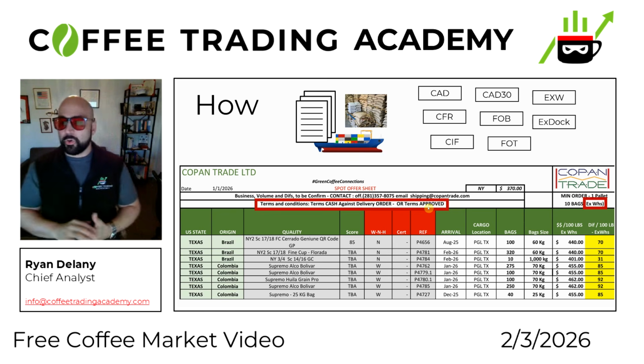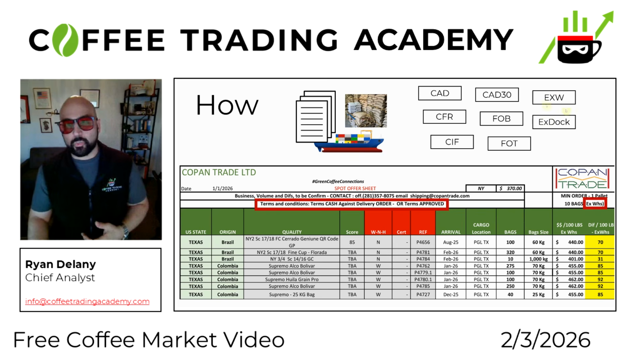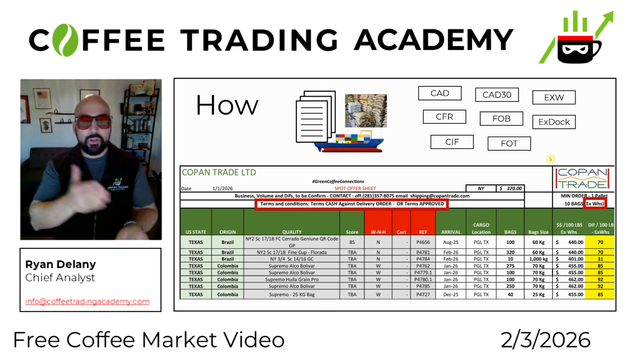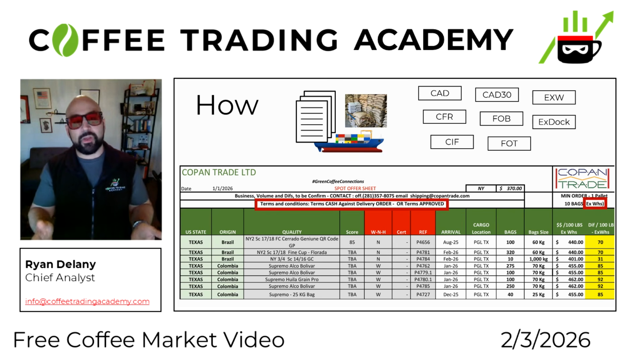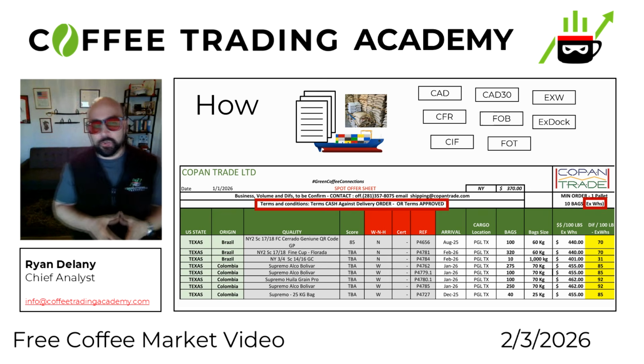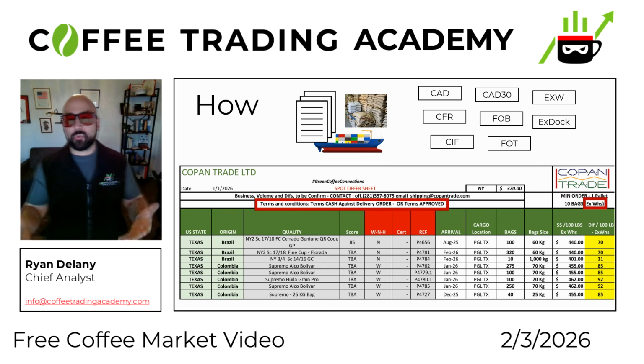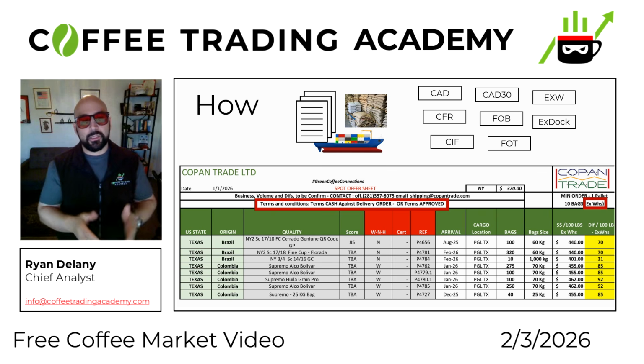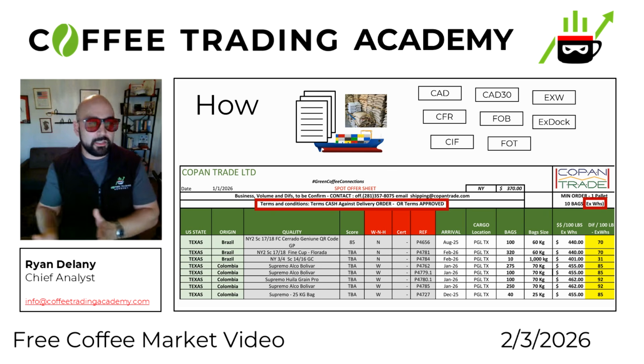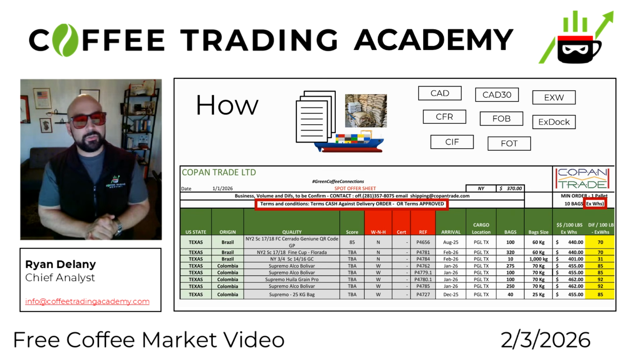Here we have ex-warehouse, also called ex-works, and that is saying when the transfer of ownership of that coffee takes place. So in an ex-works contract or an ex-warehouse contract, the coffee is the supplier's responsibility until it leaves the warehouse, and then it becomes the buyer's responsibility.